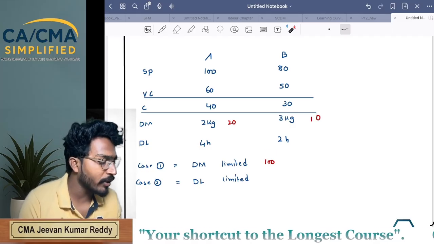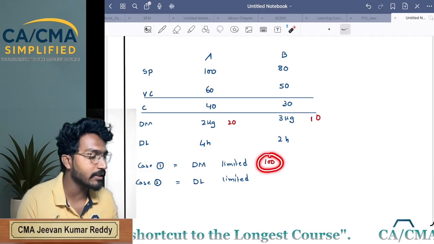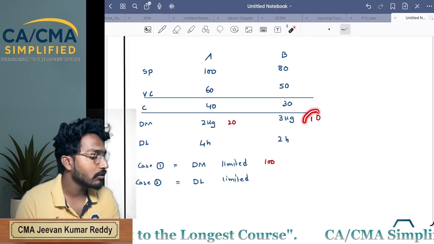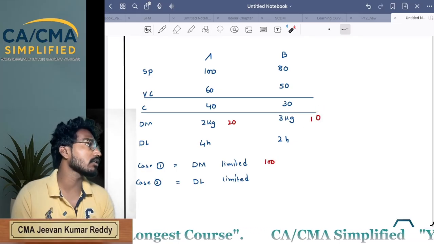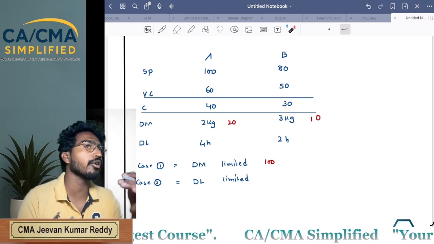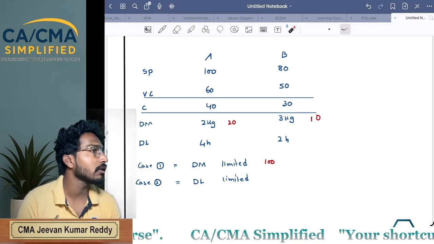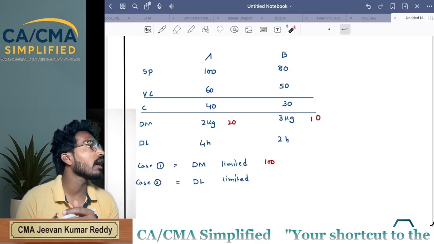Next, if you use these 100 kgs for B, you will get 10 rupees per kg into 100, that is 1000. So which product do you produce now, A or B? A. Why? Because the contribution per kg of raw material is higher.